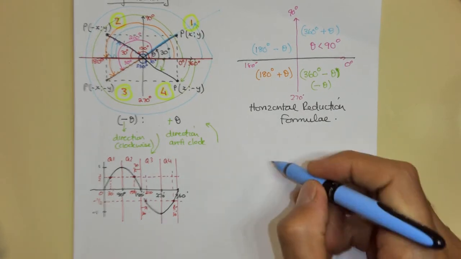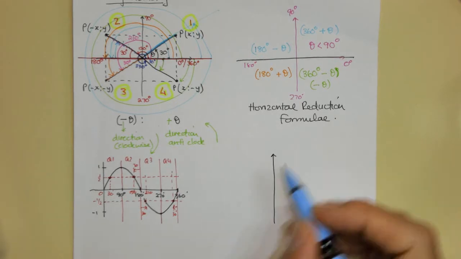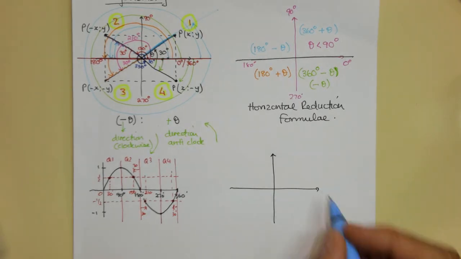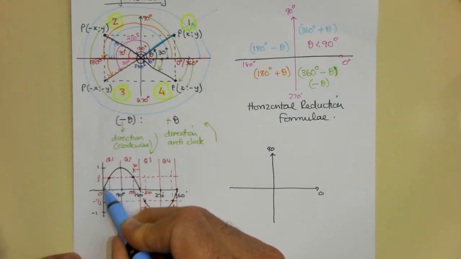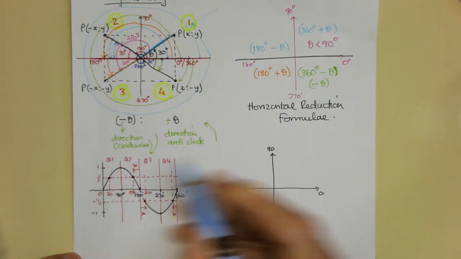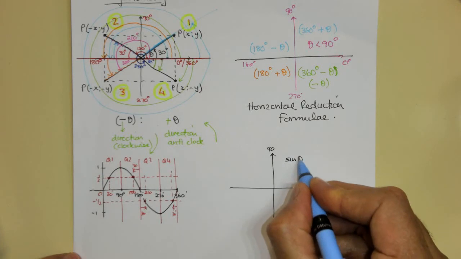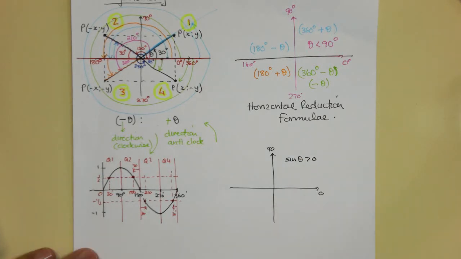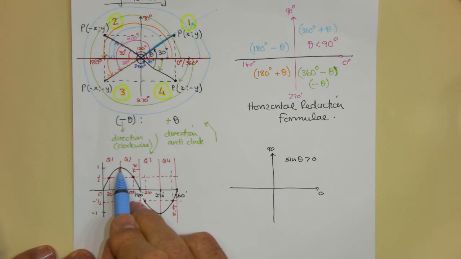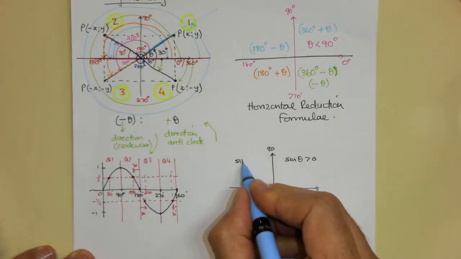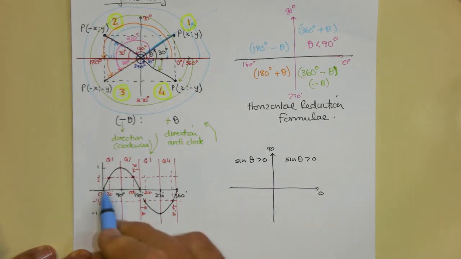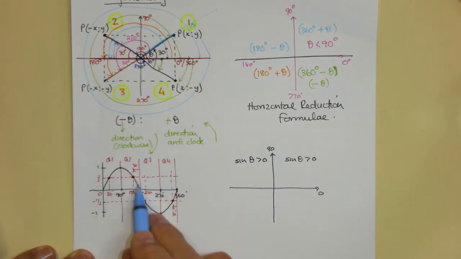If I go back and I draw my Cartesian plane over here, from 0 to 90, the y values of sine are positive. So here the sine of any angle is positive. From 90 to 180, the sine of any angle will still be positive because the graph lies above the x-axis.